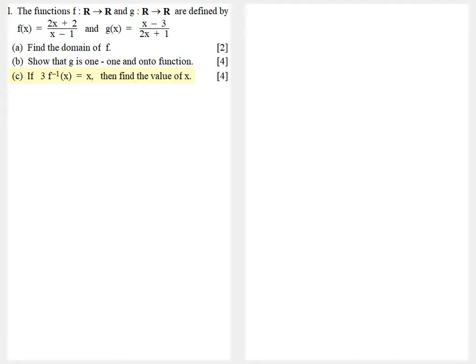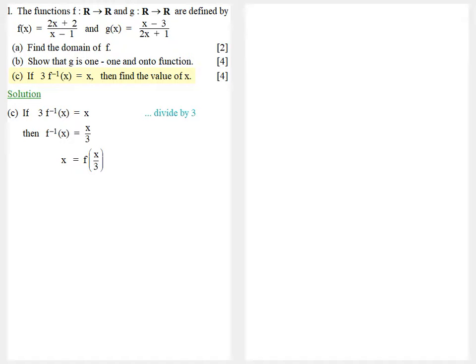Now in part C, we're given if 3 times the inverse function of x is equal to x, then find the value of x. Now to solve this, if 3 times the inverse function of x is equal to x, we can divide both sides by 3. So then, the inverse function of x is equal to x over 3.